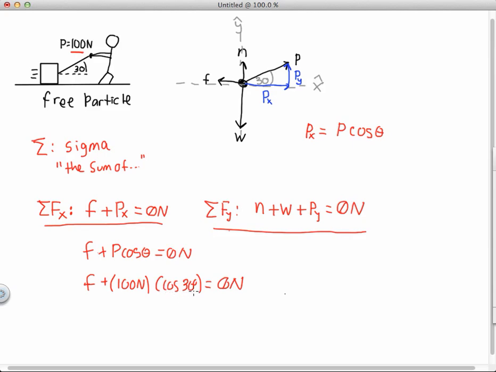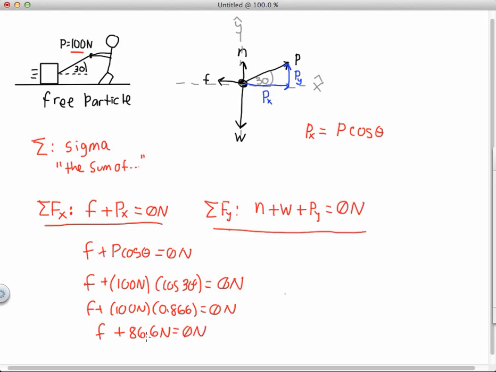Now, recall that cosine of 30 degrees was 0.866. So that's F plus 100 newtons times 0.866 equals 0 newtons. So this is F plus 86.6 newtons equals 0 newtons.